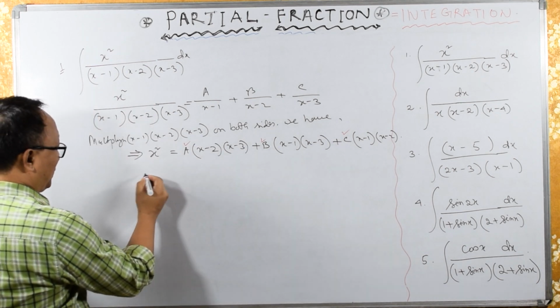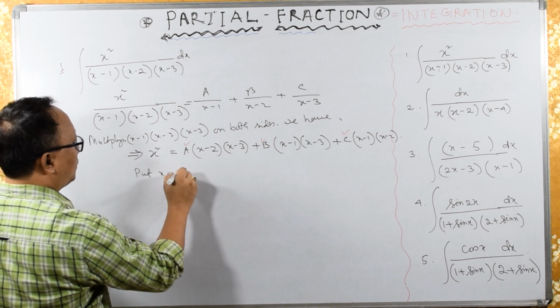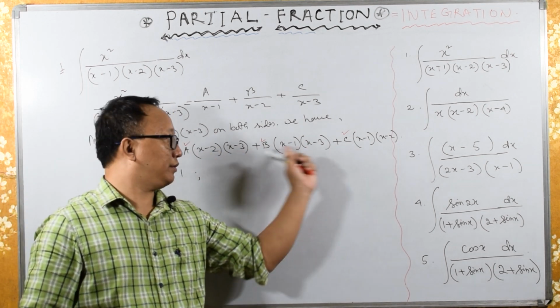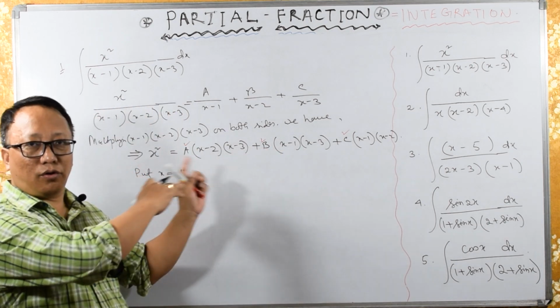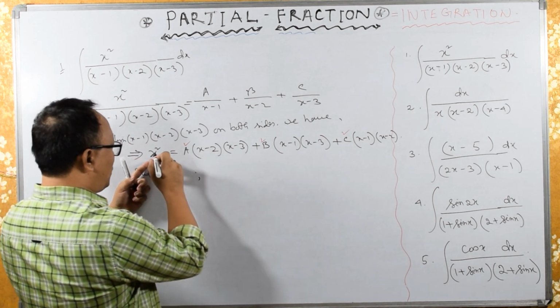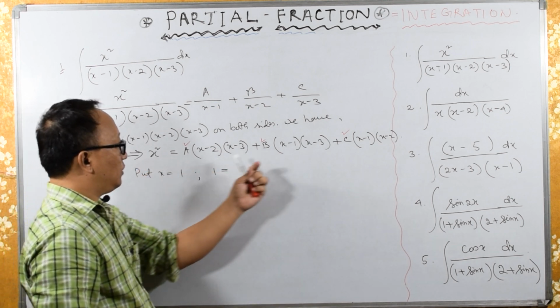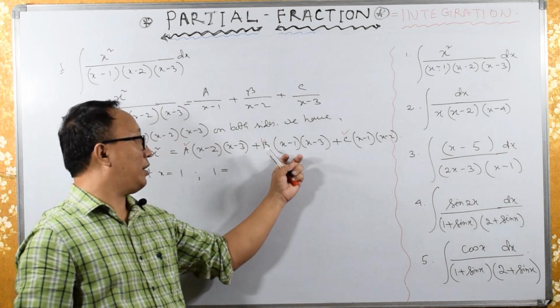Let's see, if I put x equals to 1 in the main equation, on both the left hand side and the right hand side: on the left hand side we have 1 square. Those terms which have x minus 1 will get 0, because 1 minus 1 is 0.